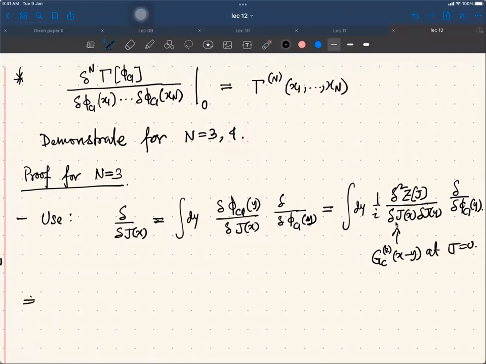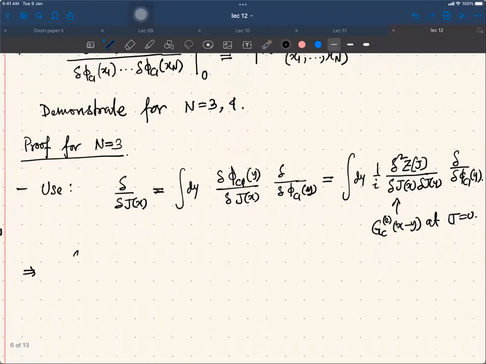So therefore we have an identity that del I jx, okay, so g would require one more factor of I, so this is I times this.